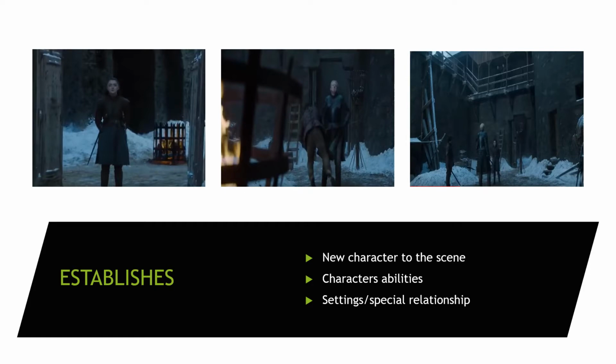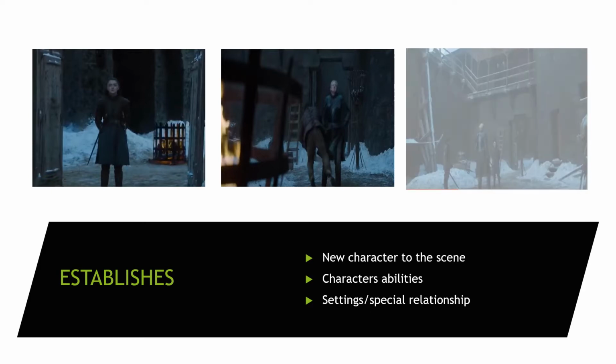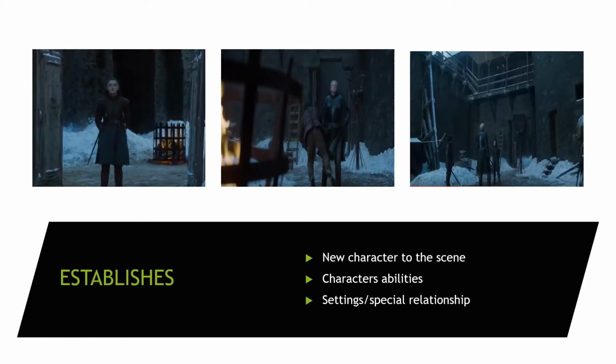Have we learned that they are a good fighter? Have we learned that they have knowledge of something that they previously were not sharing with us as readers? Finally, do we learn something about the setting or the spatial relationship between a character and another character? Are they close together? Are they far apart?